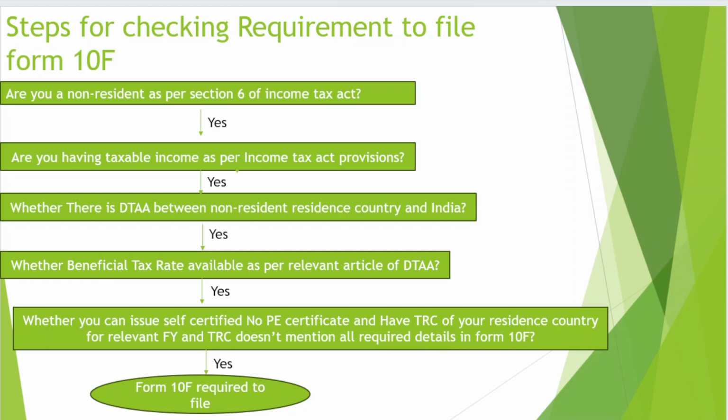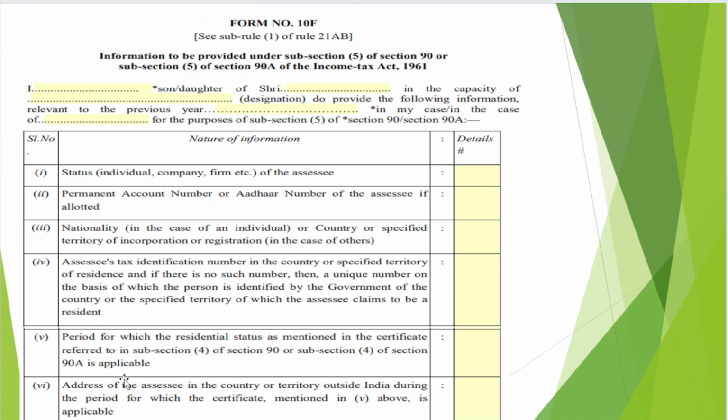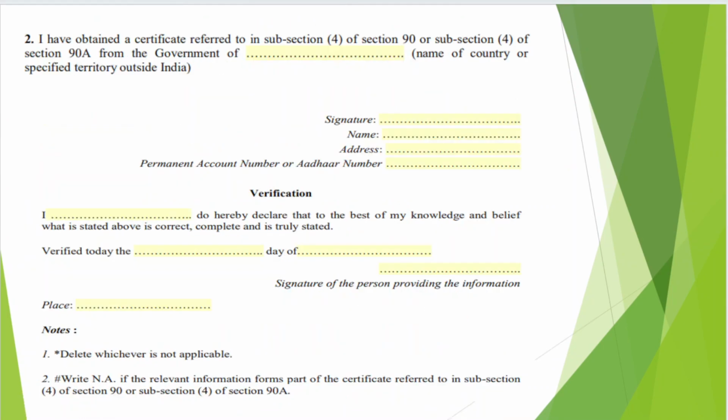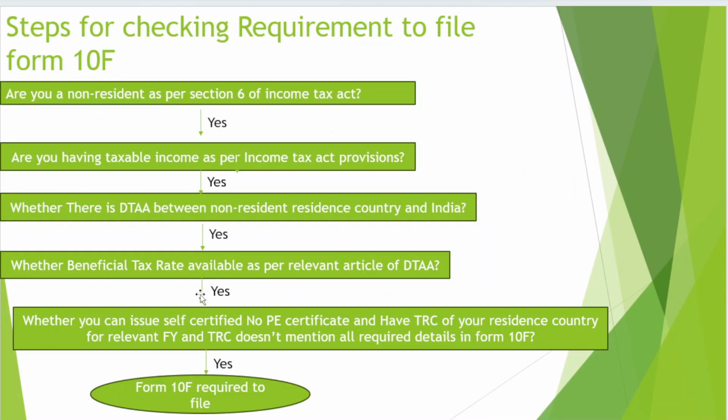As I have already mentioned, simple details are required in the Form 10F. If these details are not there in the tax residency certificate, then the non-resident is also required to file Form 10F. Till 30th September, it was required to be filed manually, but now it is required to be filed by online mode.